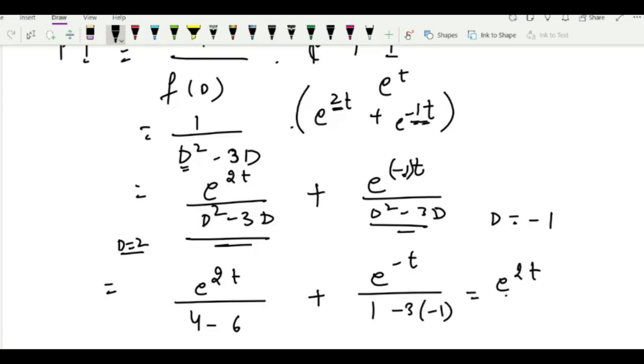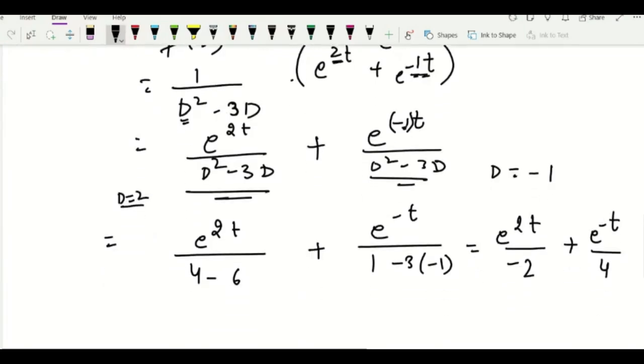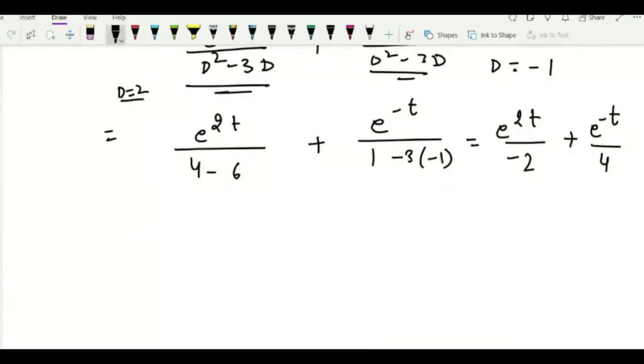So our final PI is e raised to power 2t upon minus 2 plus e raised to power minus t upon 1 plus 3, that is 4. So this is our PI. Also convert it back into the form of x by using the relation x is equal to e^t.